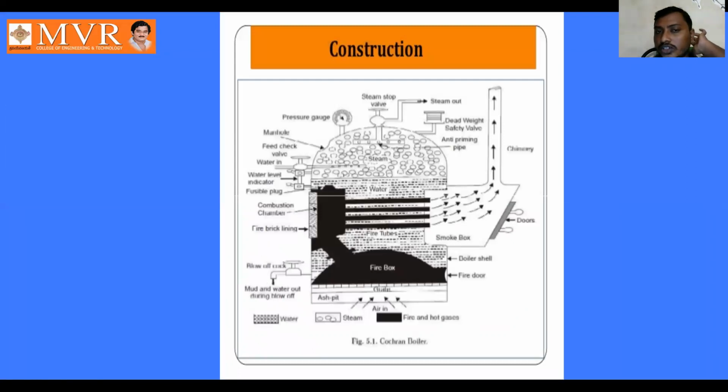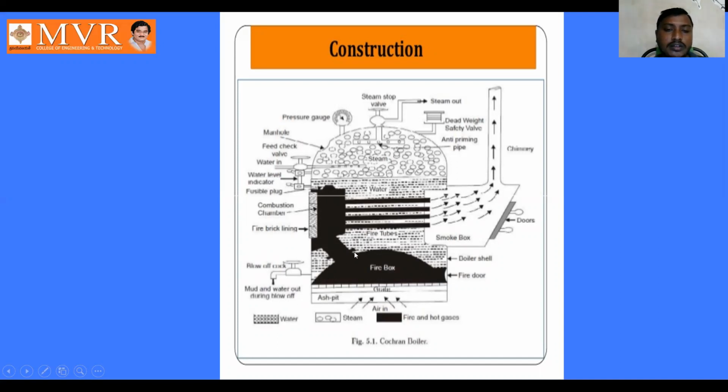This is the construction of this Cochran boiler. We can observe here the Cochran boiler is in a hemispherical shape, and we are having some components of this hemispherical shape. This is the firebox where the fire takes place, and after combustion some ash is going to be produced. The ash is collected by this ash pit, and we are having mud and water out during blow off.